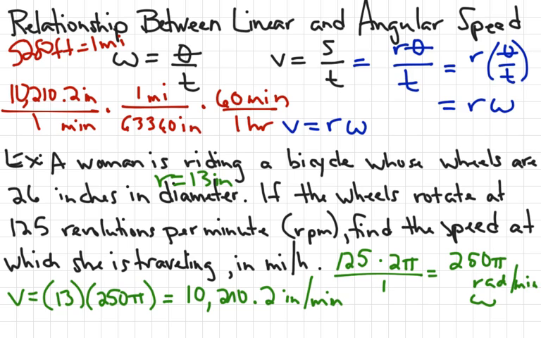So you end up with 63,360 inches in 1 mile. So I'm going to first multiply that fraction by 1 mile over 63,360 inches. And then to change minutes into hours, I know that 60 minutes is 1 hour. So the minutes cancel, the inches cancel. You multiply it all together, and you end up finding out that it's about 9.7 miles per hour, which is pretty slow.